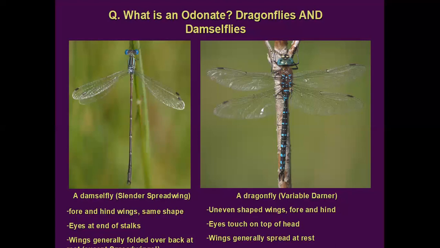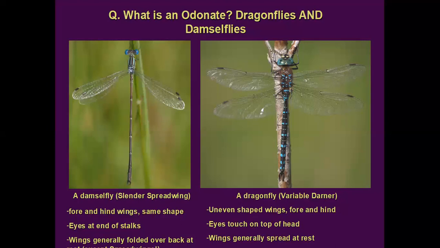Other things include that the damselflies' eyes are set apart on a stalk, whereas for most dragonflies, their eyes touch on top of the head, as you see in this picture. And dragonflies, generally, when they're perched, spread their wings.